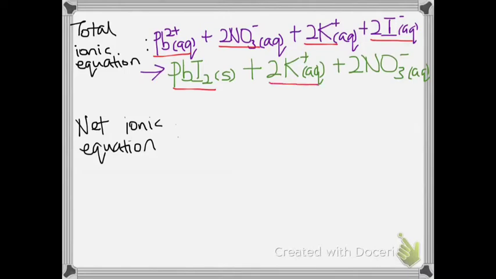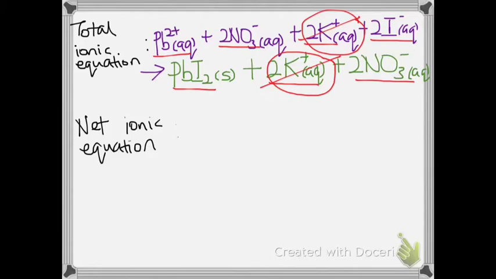But K+ does, and so does NO3-. Since K+ appears both in the products and the reactants, we can cancel it out because it is a spectator ion. Before and after the match, it remains the same. Before and after the reaction, it remains the same.